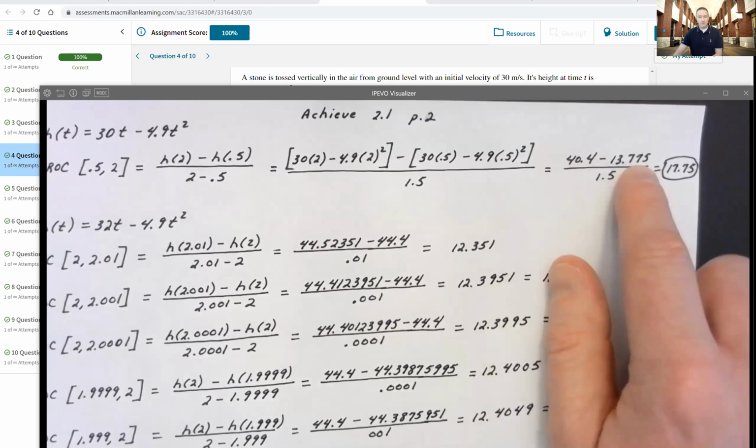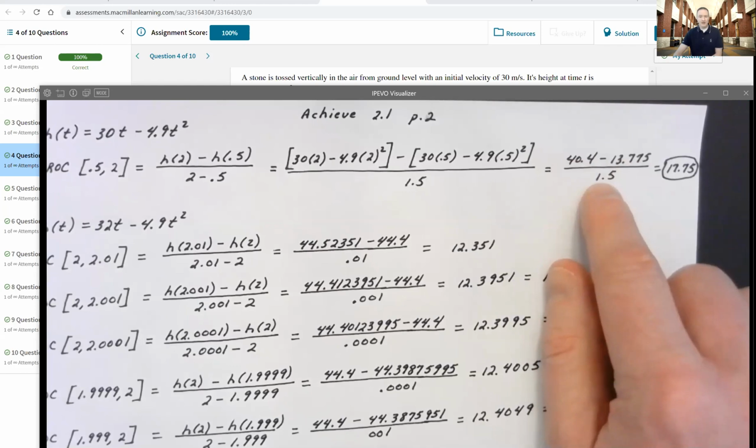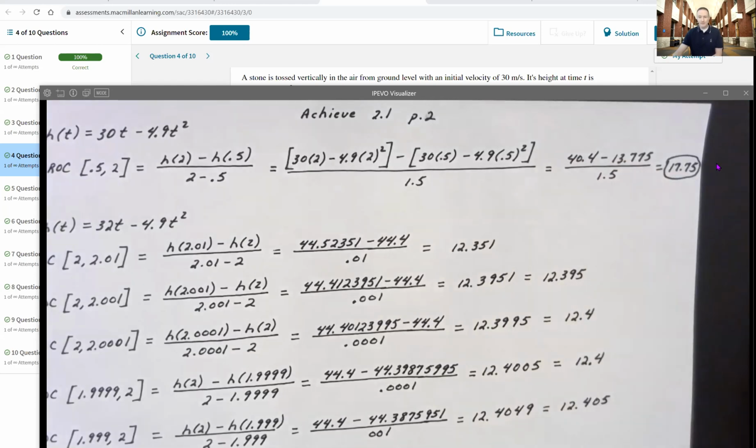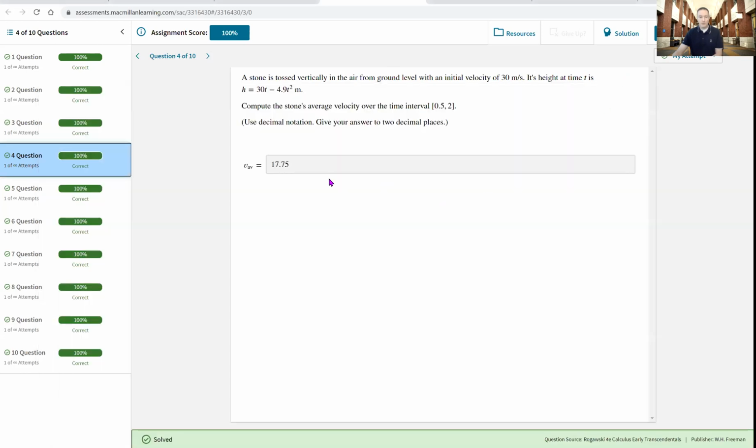My beginning position was 13.775. The change in position over the change in time gave me an answer of 17.75. Now, this would be in meters per second. We didn't need to put the units, because I believe the units are already on Achieve. Oh, they didn't on that one, but that's okay.